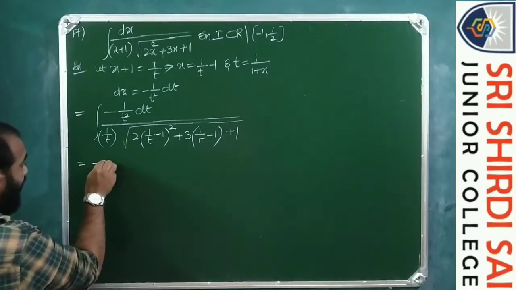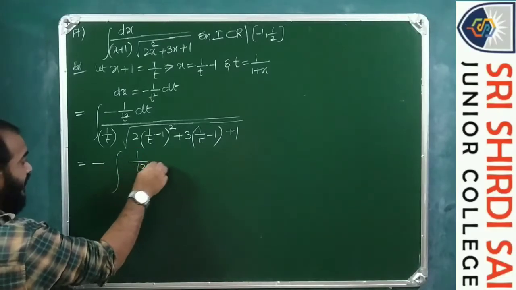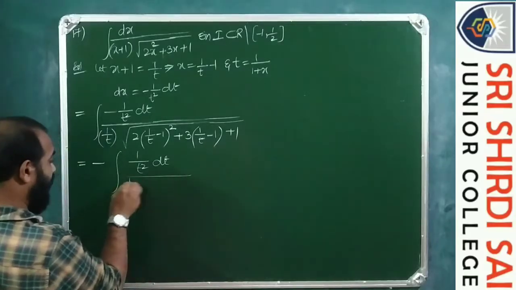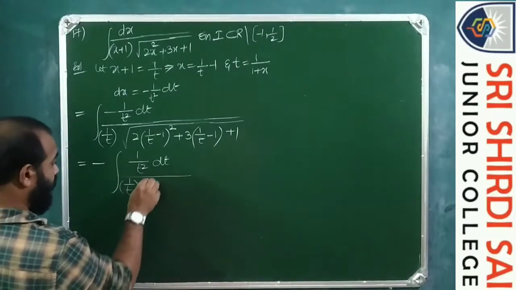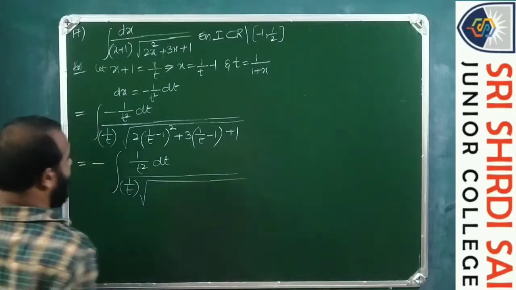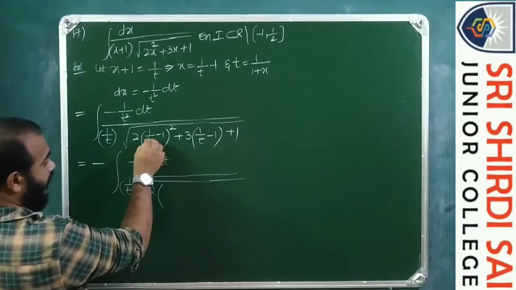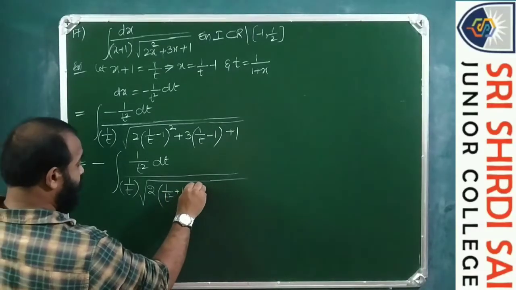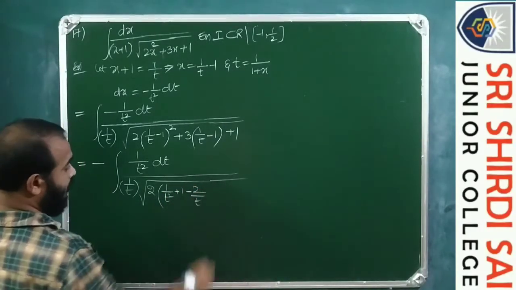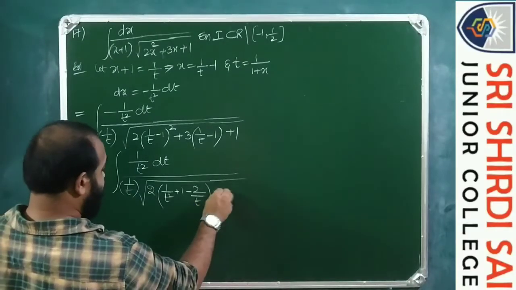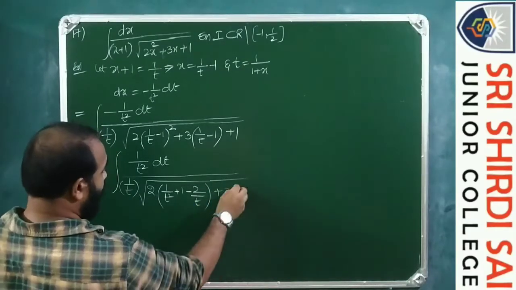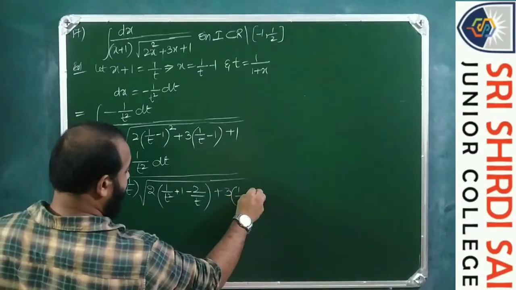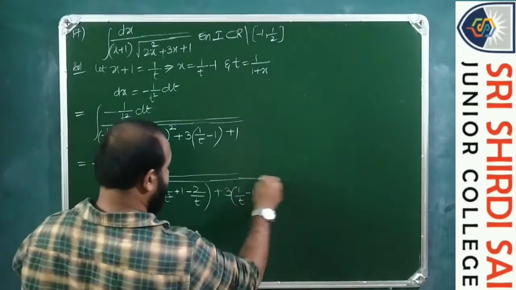So this is equals to minus 1 by t square dt, that is the numerator, by this is 1 by t into this is equals to 2 into a minus b whole square, 1 by t square plus 1 minus 2 by t plus 3 into 1 by t minus 1 plus 1.